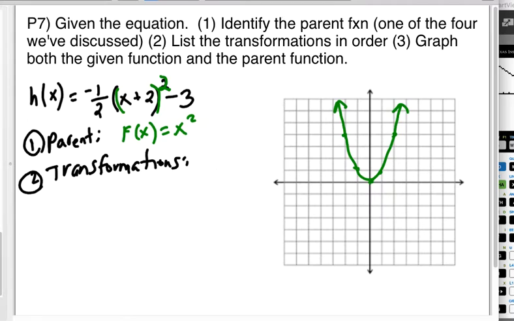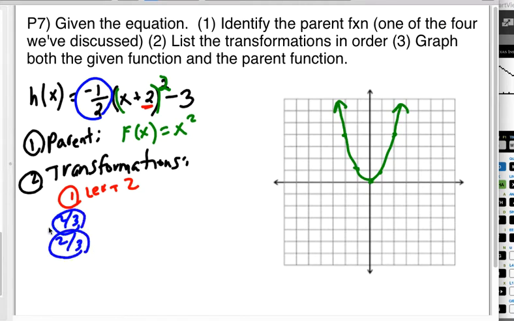Okay, so now when I list the changes, the first thing that's going to happen is this plus 2, right? We're going to move left 2. The second and third thing are two different things, right? So again, which order you write them in is entirely up to you. I'm intentionally going to write them in the opposite order from what I did last time. But for these two, it doesn't matter which order you write them in. They're the second and third transformation either way.